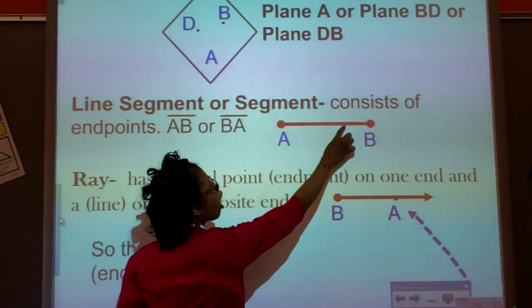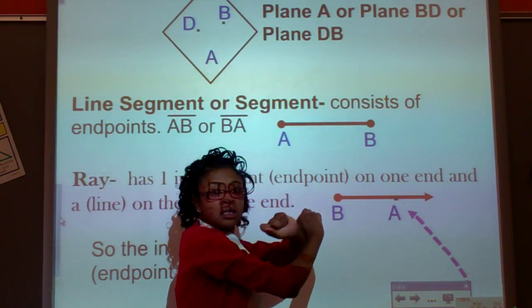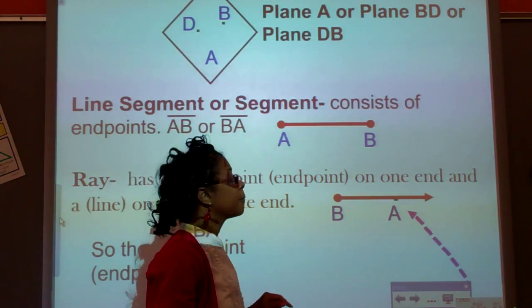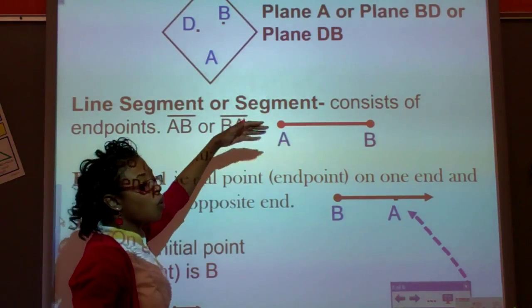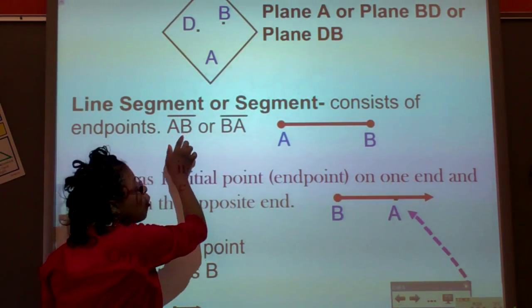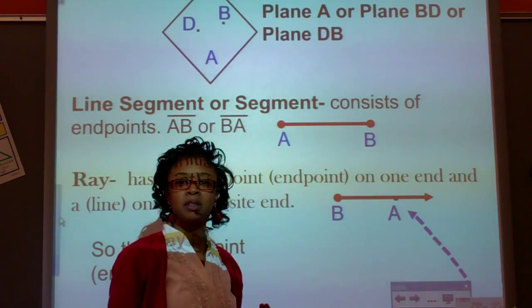Line segments are written like so with the 2 dots at the end above. Notice the arrowheads are now gone. So a line segment, or we can just call it a segment, consists of endpoints. We can call it line segment or segment, both mean the same.